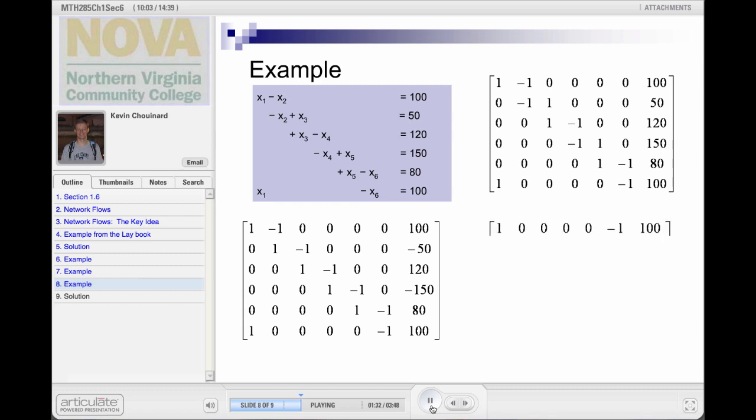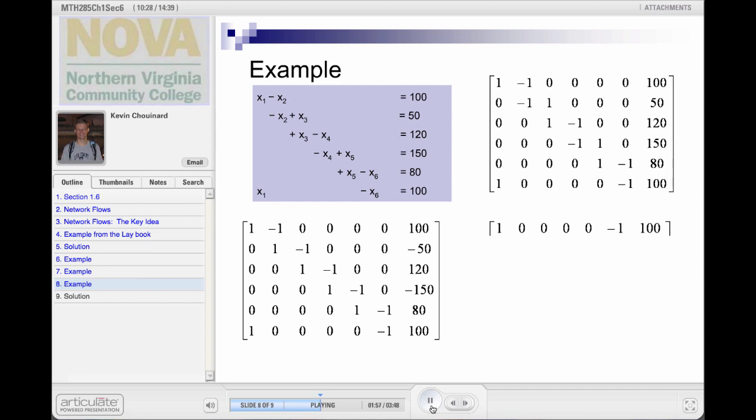Starting with this first row here. Now, how did I get this row? What I am doing to get this row here is I'm taking the first row and adding to it the second, third, fourth, and fifth rows. So I'm basically adding rows 1 through 5 here. Take that old matrix that you see in the bottom left here and add rows 1 through 5.